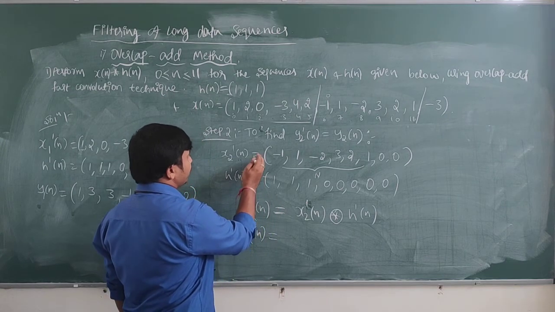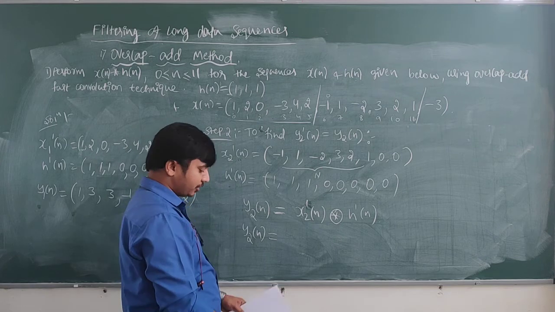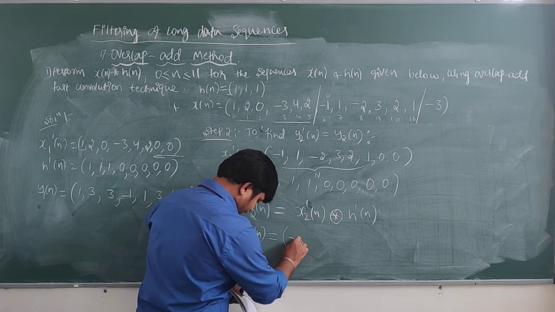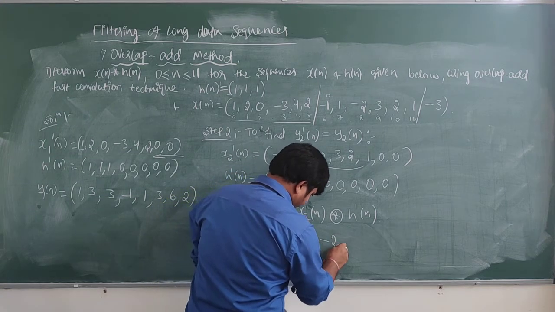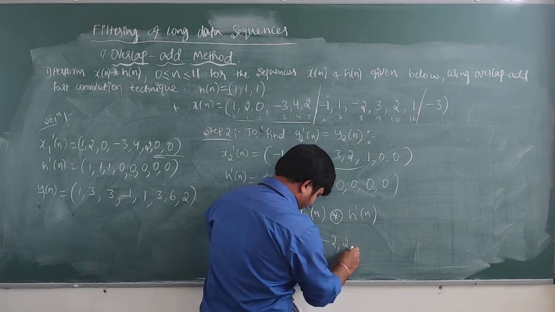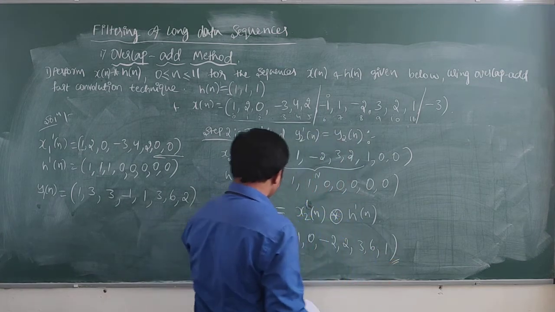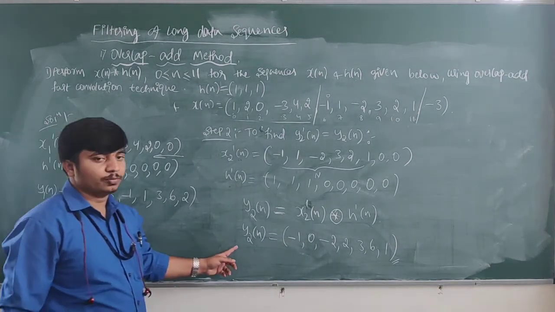If I compute x2 dash of n circular convolution with h dash of n, I will write the answer directly, which is equal to minus 1, 0, minus 2, 2, 3, 6, 1. Okay, so this is my y1 of n and this is my y2 of n.